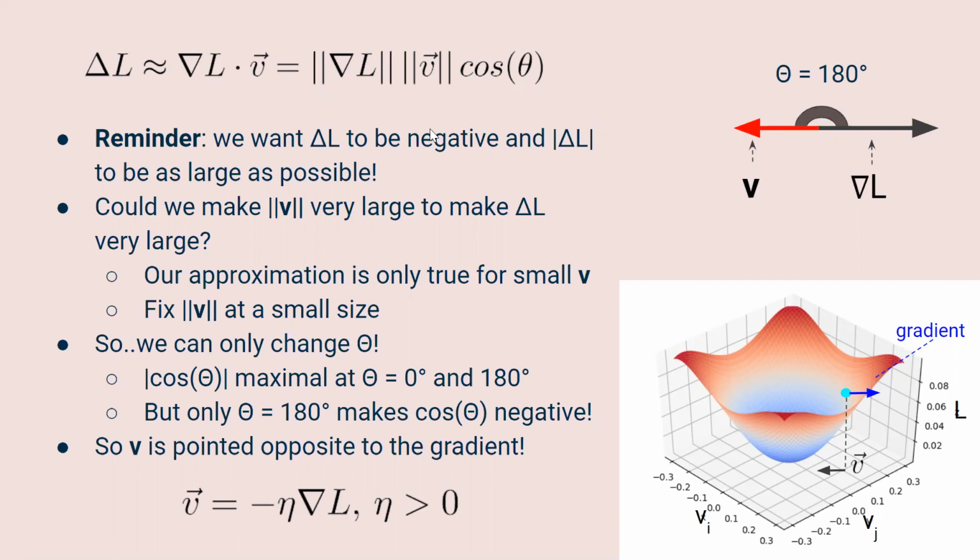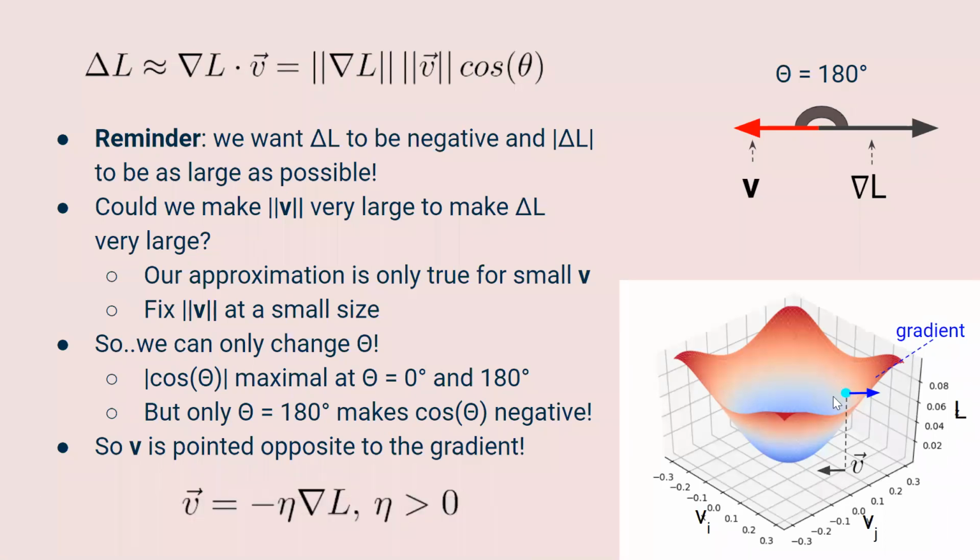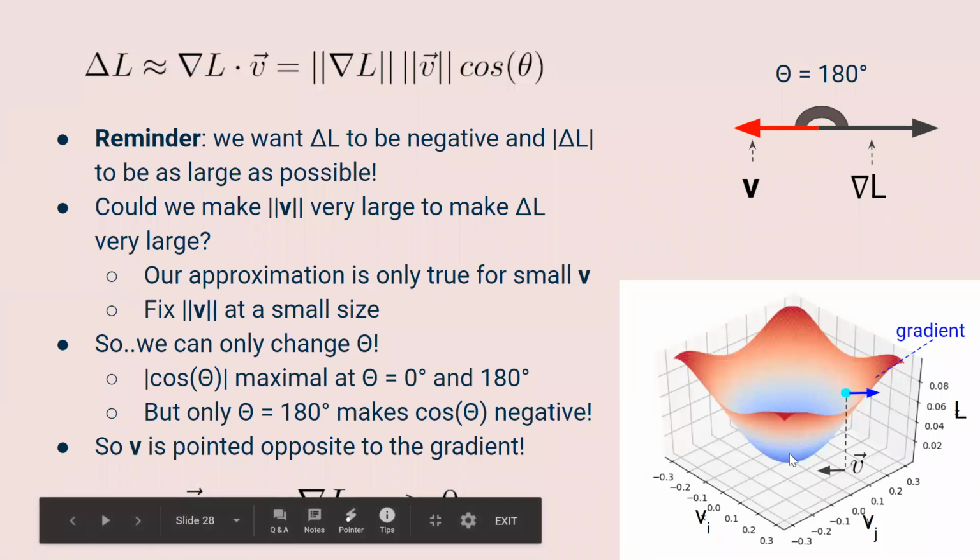Let's see, another question: how do we know the size of V? Okay, that's a really good question. Obviously we don't want V to be huge, because if V is huge, you could imagine V being like all the way over here, and we totally miss our minimum.